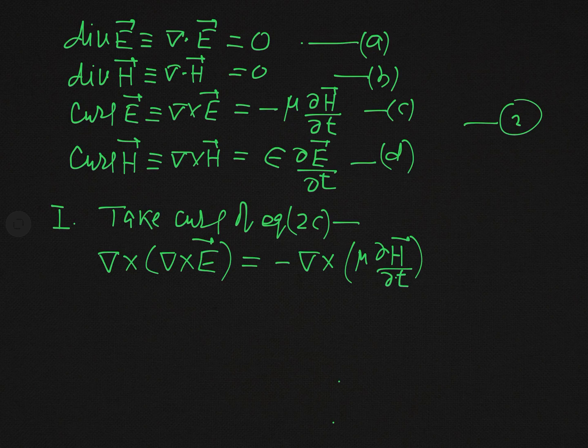And from the definition of the triple vector product, you can simplify the LHS of this equation, and what will this be?